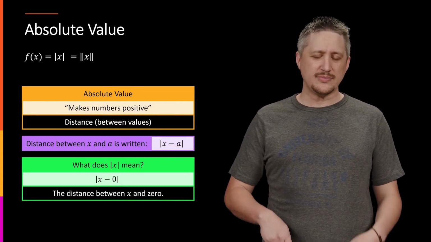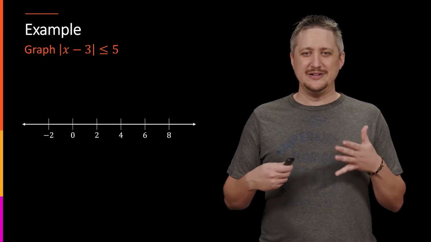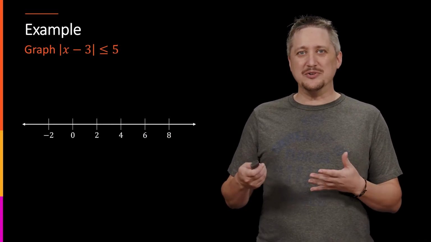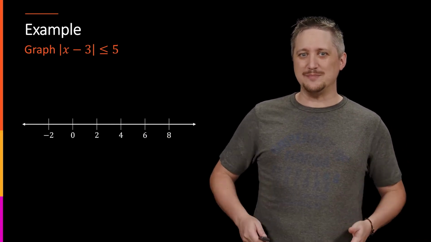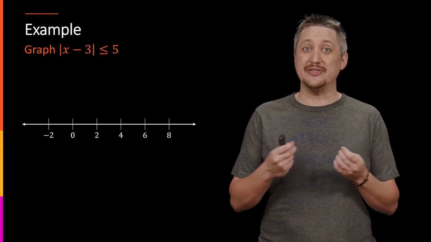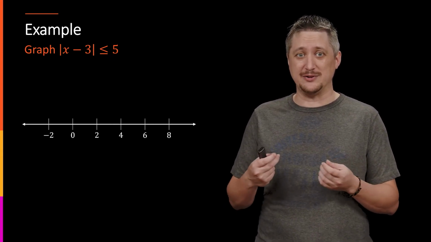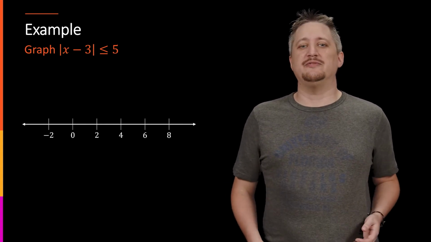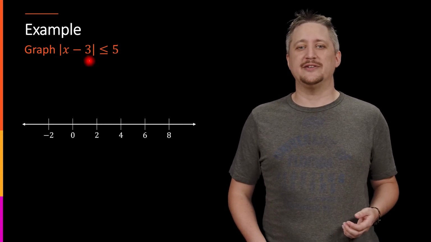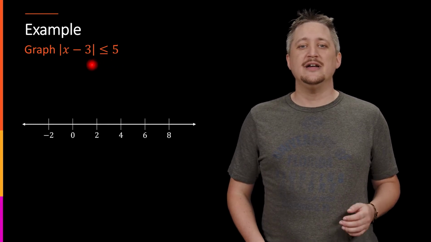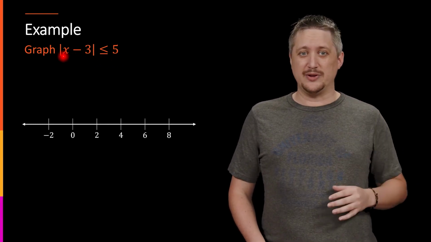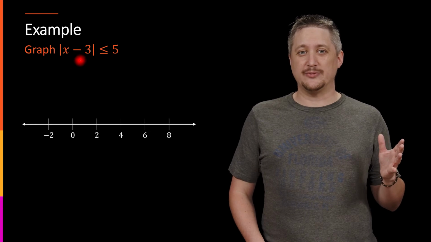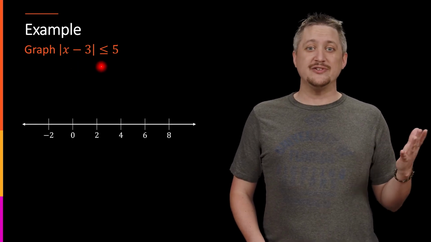Now, as a last example and common form of example, absolute values are often combined with inequalities. For example, if I'm looking at the absolute value of x minus 3 less than or equal to 5, from a geometric standpoint I can think of this as the distance from x to 3 being at most 5.